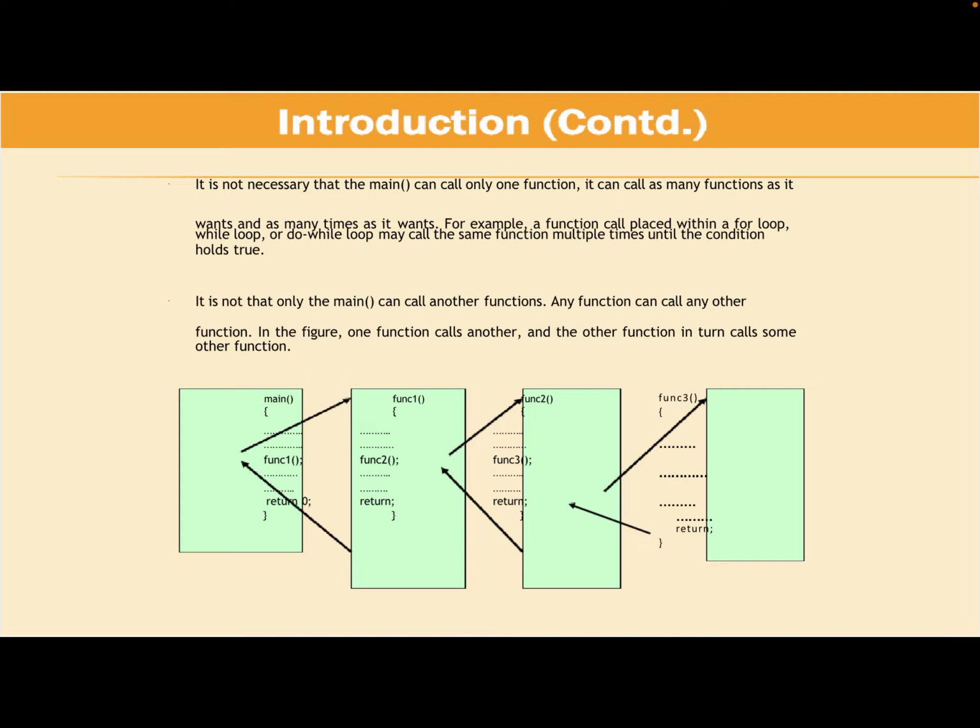If you want to call a single function multiple times in the main function, we call this function within a while loop, for loop, or do while loop. This function will be called multiple times till the condition is true. Once the condition goes false, the calling will stop.